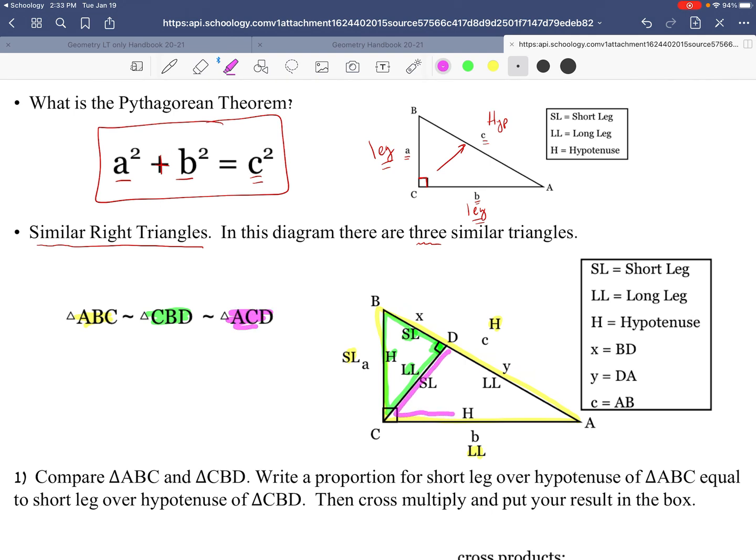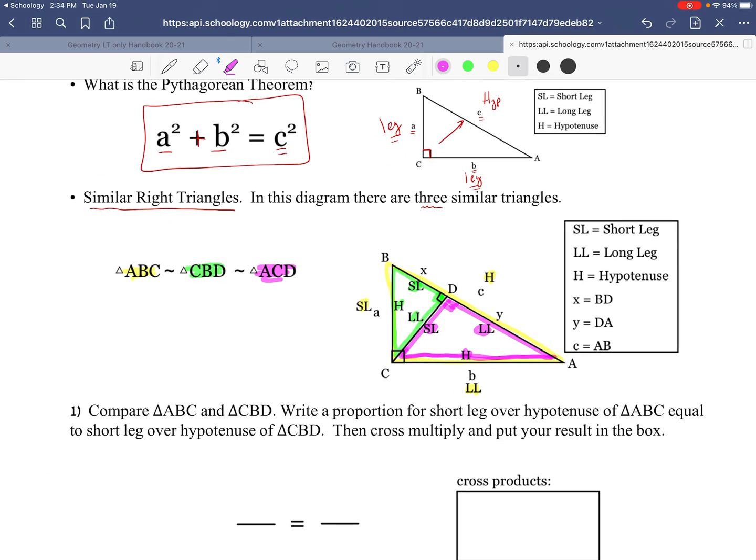ACD is this middle triangle, medium. So you have the small right triangle, the medium right triangle, and the large one. This one has a right angle here at point D with the short leg, the long leg, and the hypotenuse. So that's the diagram we're going to use.